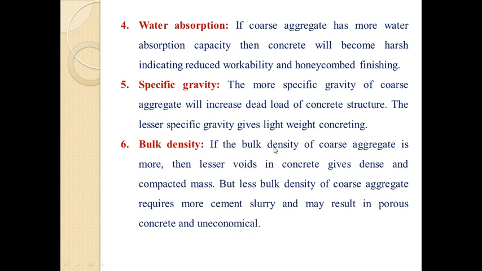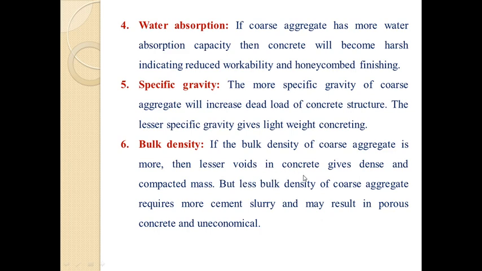bulk density. If the bulk density of coarse aggregate is more, then there are fewer voids in the concrete, giving a dense and compacted mass, but less bulk density of coarse aggregate requires more cement slurry and may result in porous concrete and uneconomical concreting. So regarding bulk density, we have to reduce the voids in the concrete.